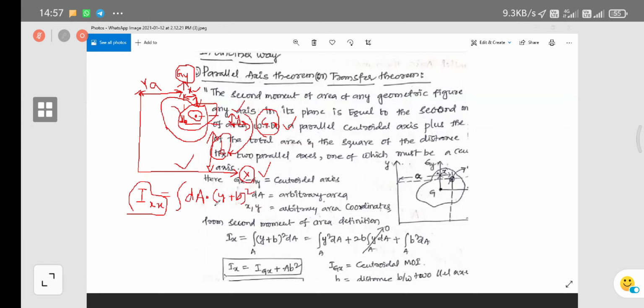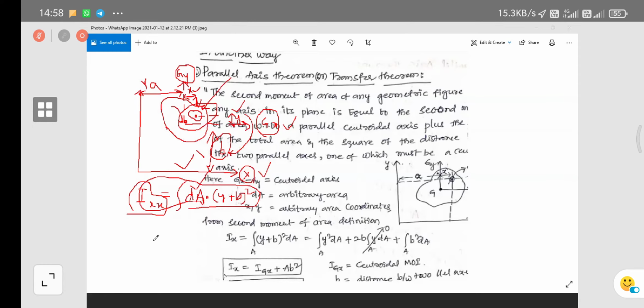That is the formula. What is the definition of moment of inertia? It is the area of the particular element times the square of the centroidal distance. The distance of the elemental centroid is y plus b, so (y plus b) whole square.